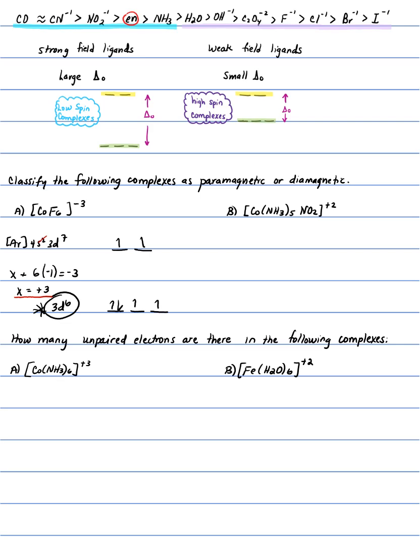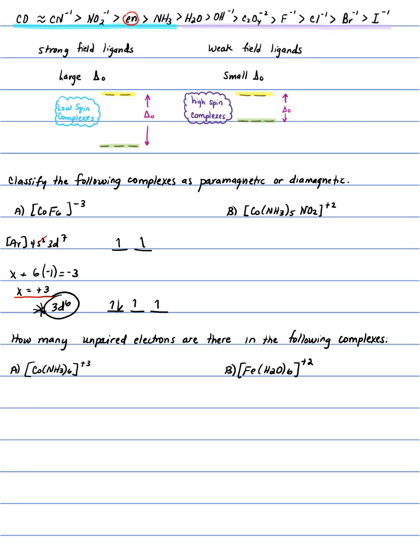So the problem is asking you if it's paramagnetic or diamagnetic. For you to determine which one is, you have to actually look at the electrons. If you have unpaired electrons, that will be paramagnetic. So paramagnetic unpaired electrons, and in this example, you actually have 4 unpaired electrons.